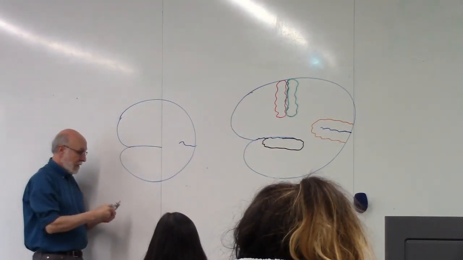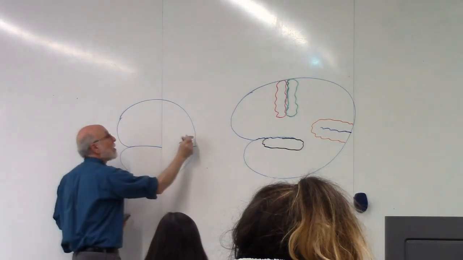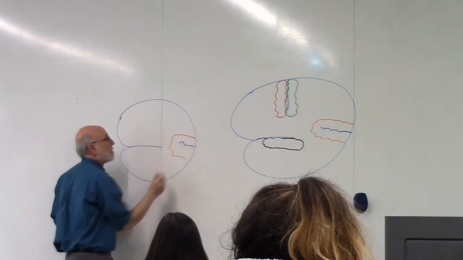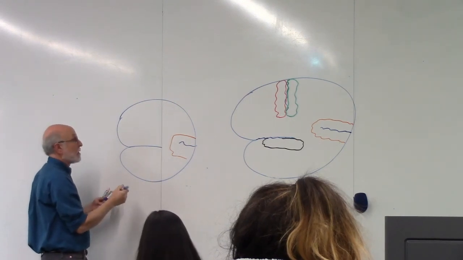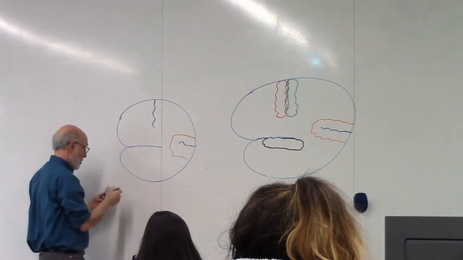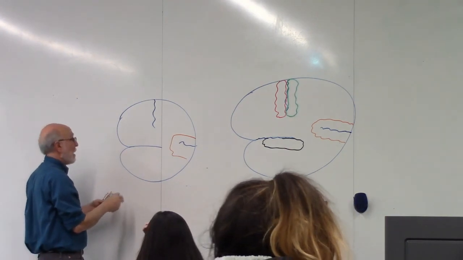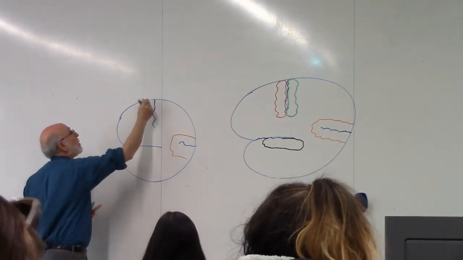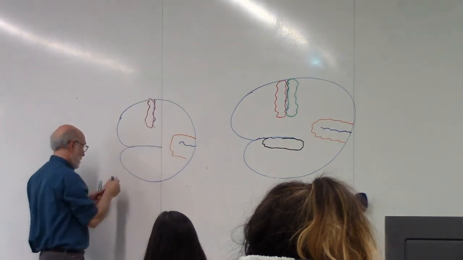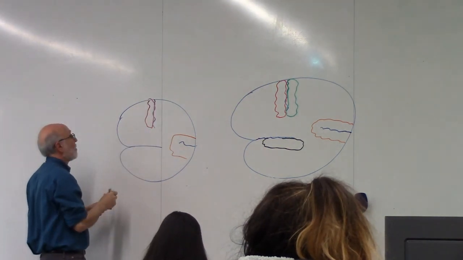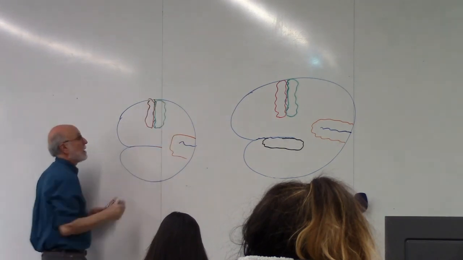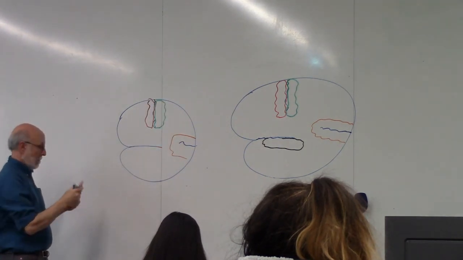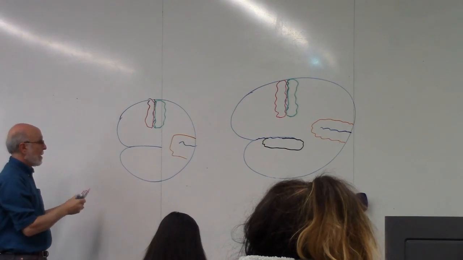We can still see, in fact we probably can see better, the visual cortex. We might be able to see the central sulcus and the precentral gyrus, the motor cortex, and the postcentral gyrus, the somatosensory cortex.